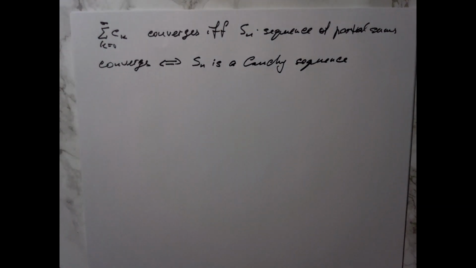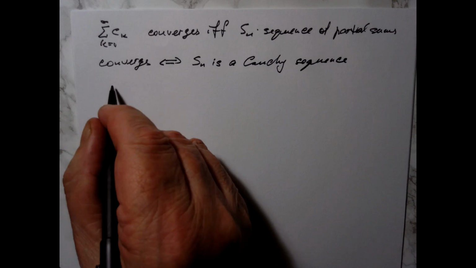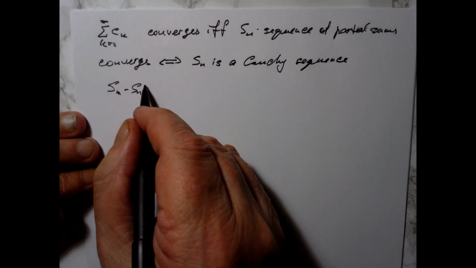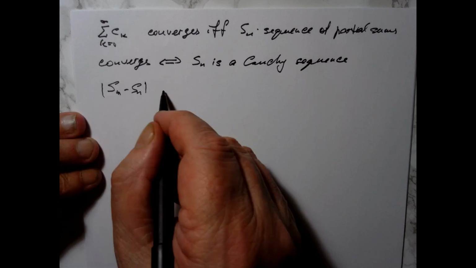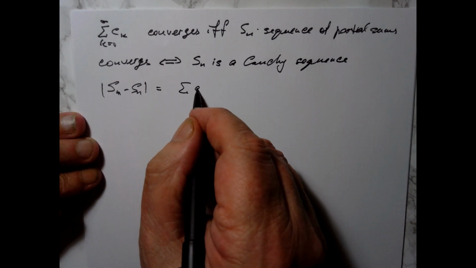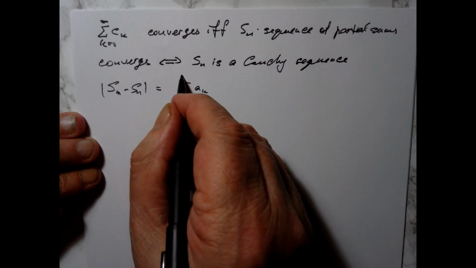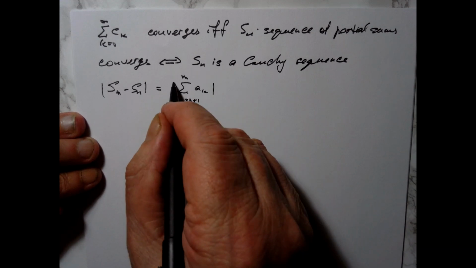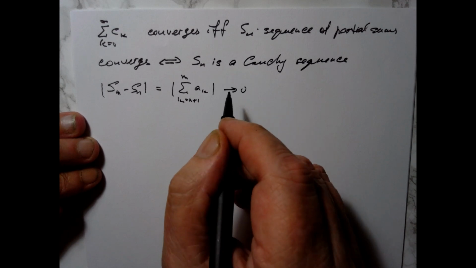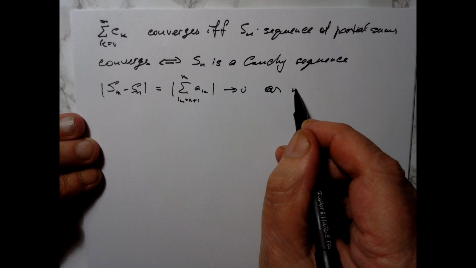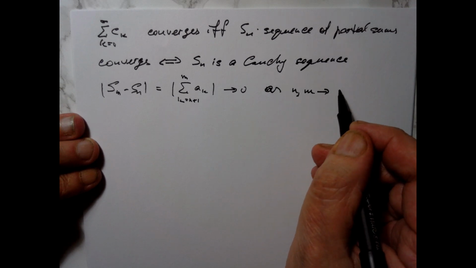Cool so far? Okay. And that happens to be if and only if, remember what was the Sm minus Sn? So Sm minus Sn was defined to be the sum of ak, k from n plus 1 to m, and these have to converge to 0 as n and m tend to infinity.